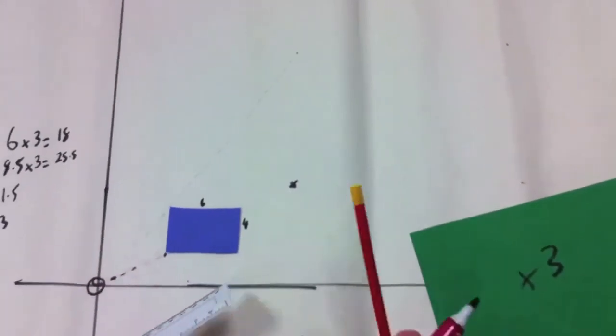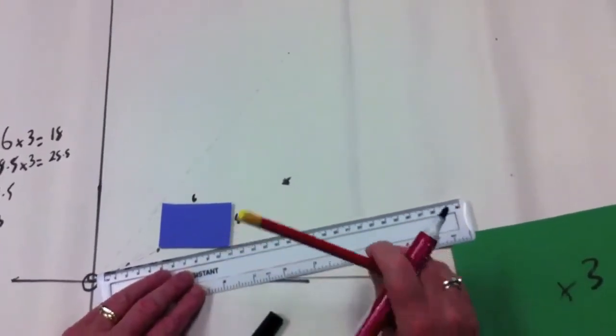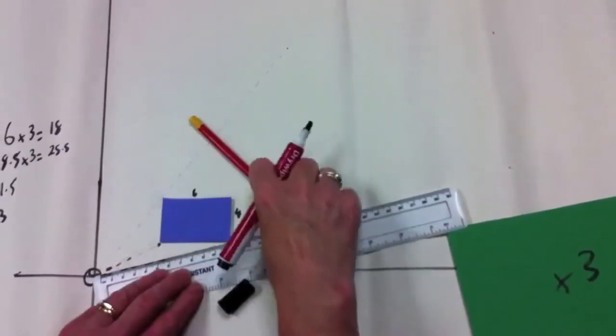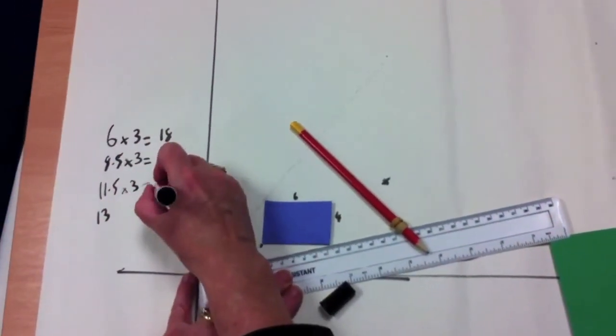And then I can do the same with the other two lines, extending the line across to the right point. So this one, times 3, will be 34.5.